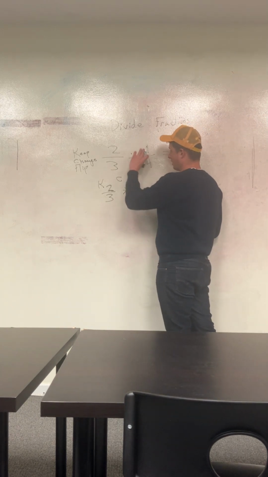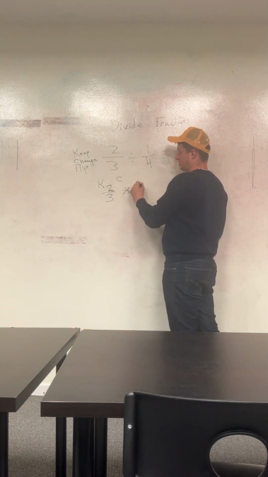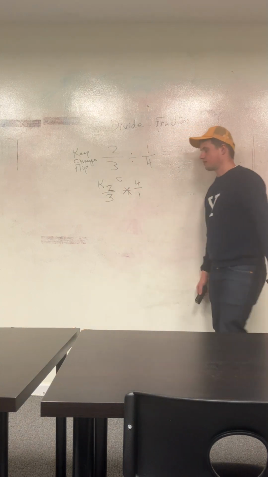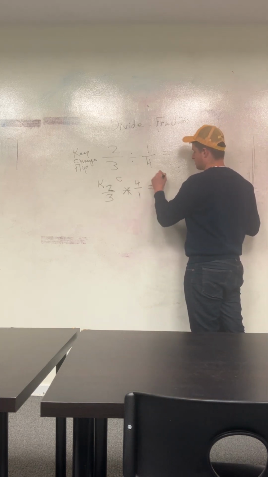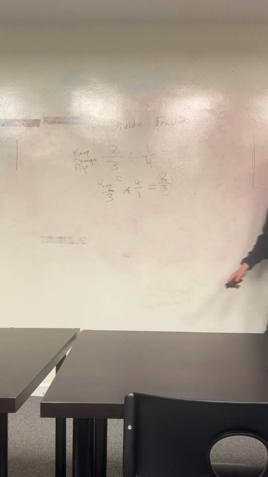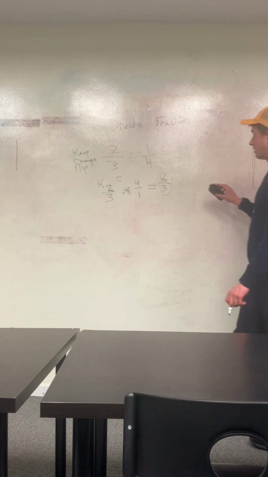Now we flip, we used to have 1/4, we flip it to 4/1. And then we can do the math problem. 2 times 4 is 8, 3 times 1 is 3, so 8/3 is the answer to that one, because of this keep, change, flip. Let's try another one.